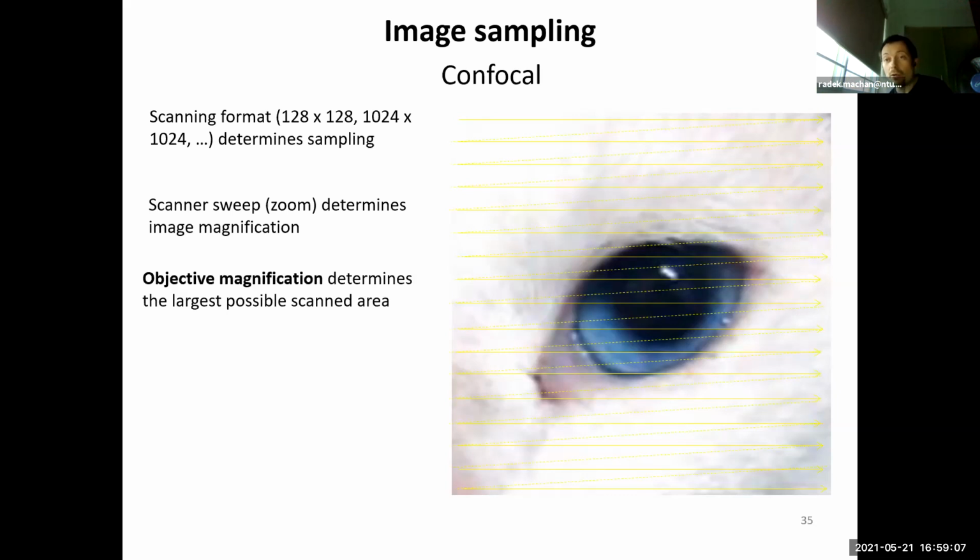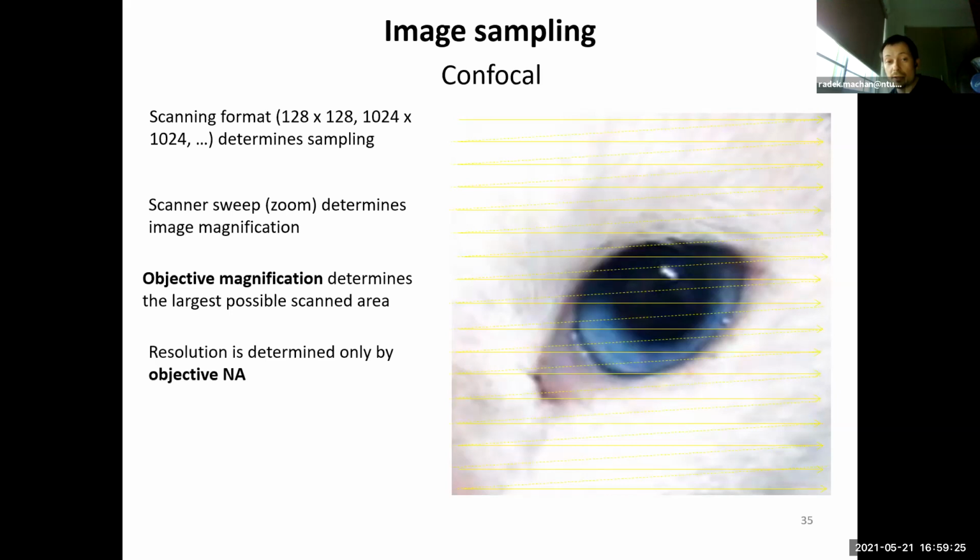Now, what is the role of objective magnification in confocal scanning? The objective magnification defines the maximum area which I can scan.